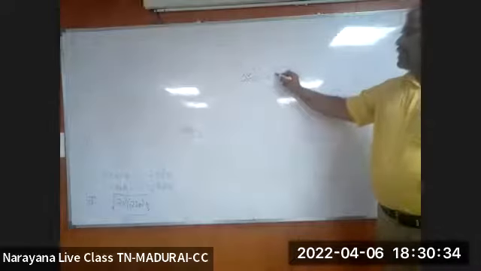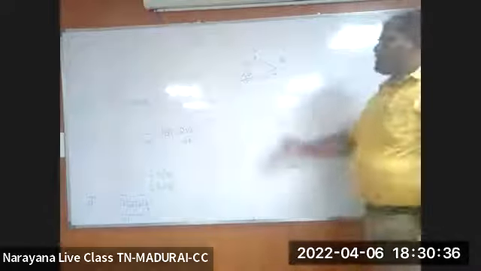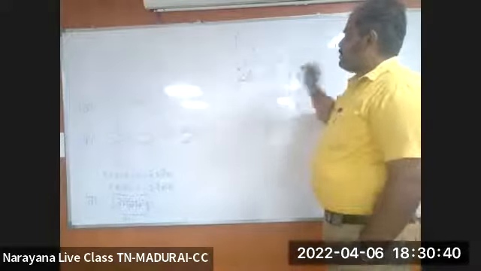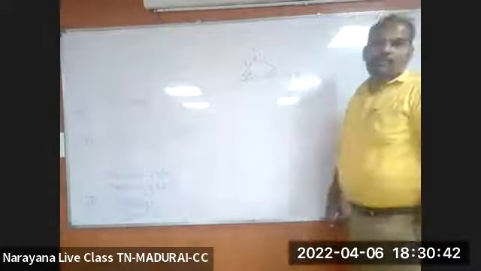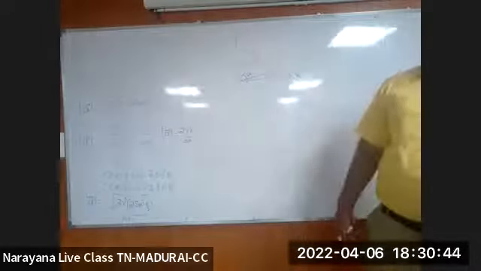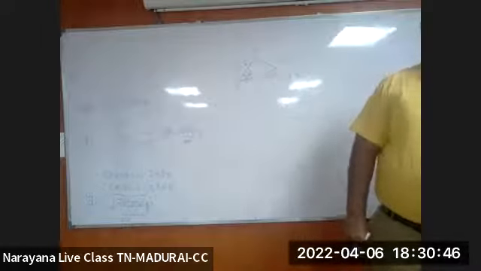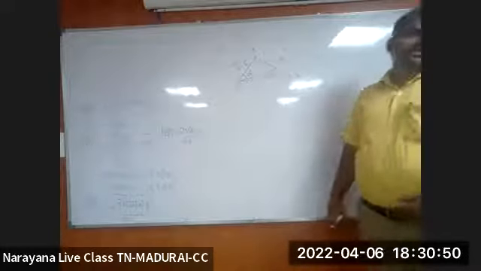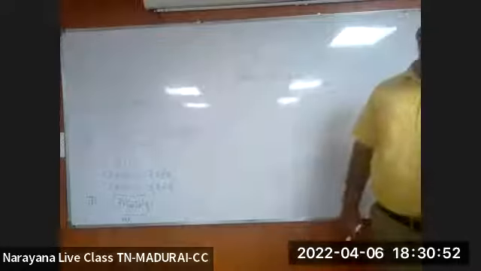Take this as the A vector and take this as the B vector. Then between P and Q, if you put any vector, whether that is A plus B vector, A minus B vector or B minus A vector, you have to judge and answer.